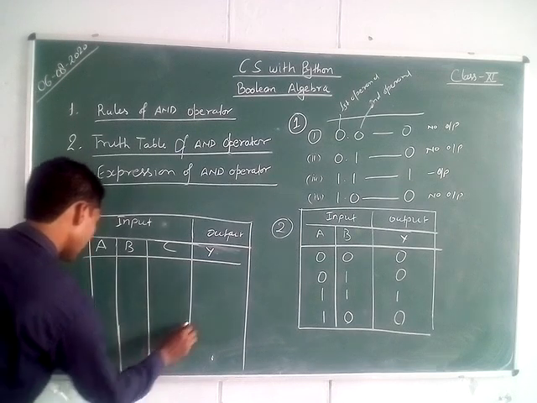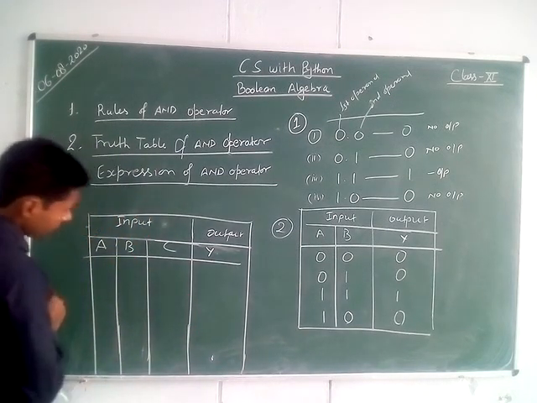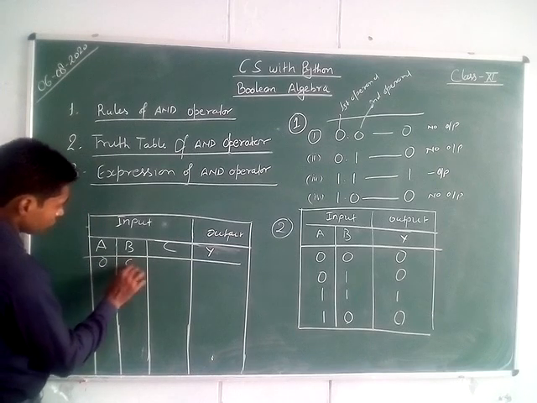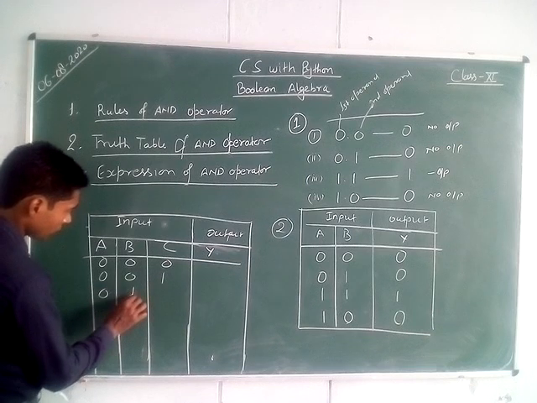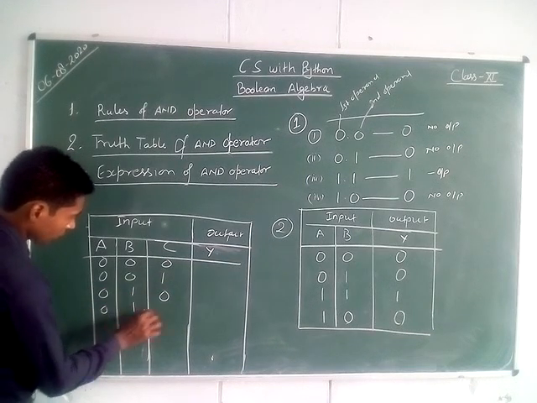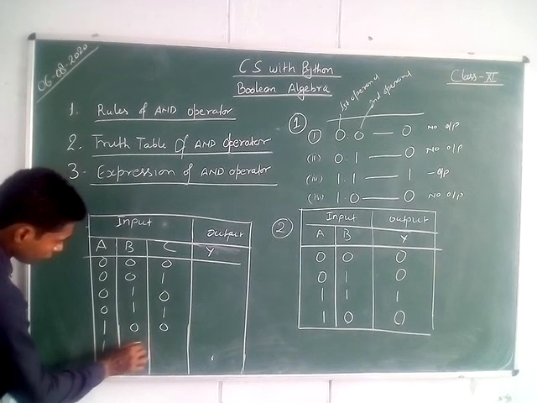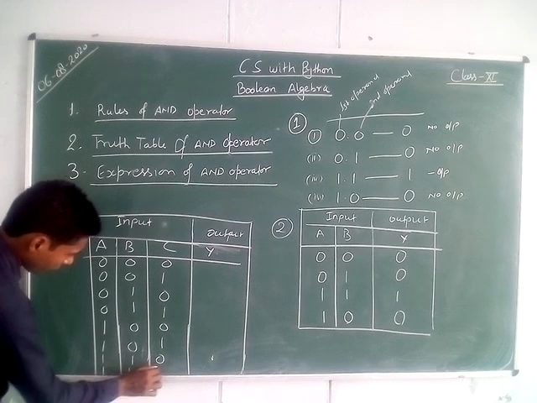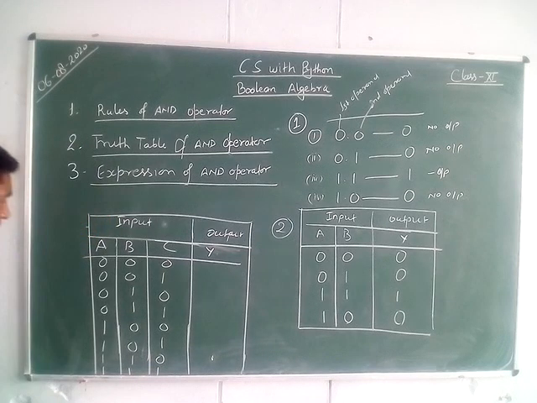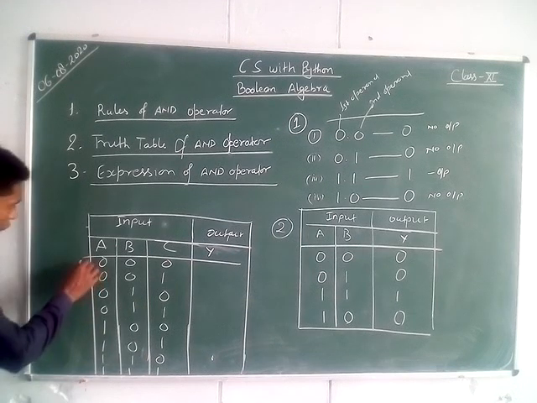Now we need to list the combinations of three bits: 0 0 0, 0 0 1, 0 1 0, 0 1 1, 1 0 0, 1 0 1, 1 1 0, 1 1 1. It will be 8 rows from 0 to 7.